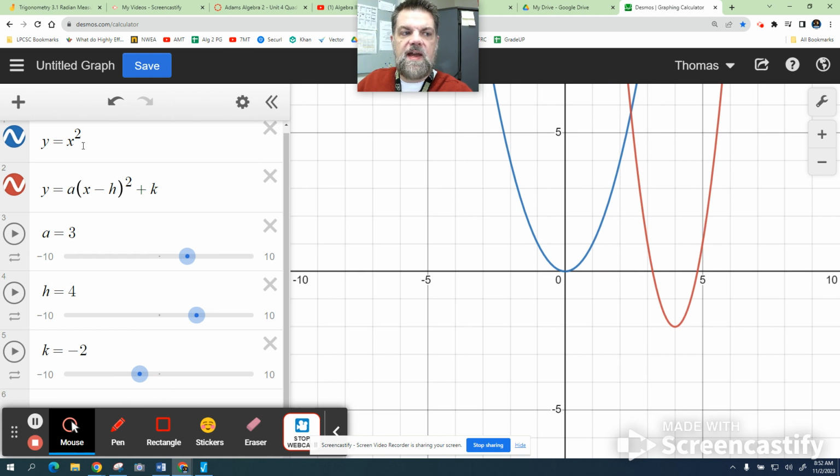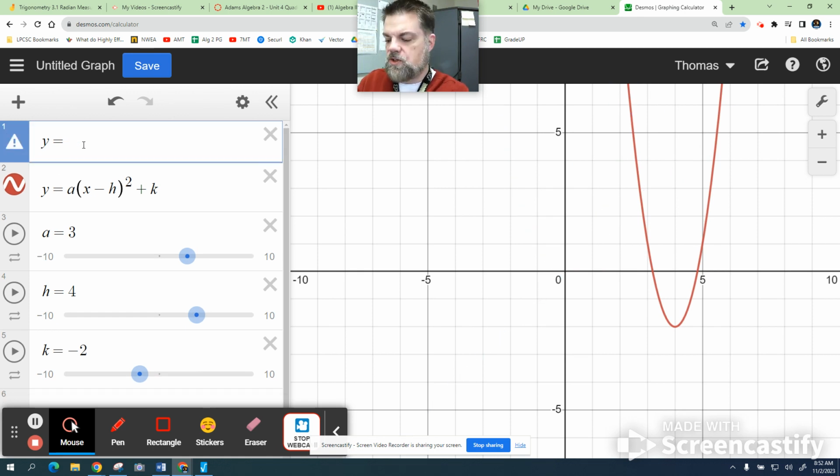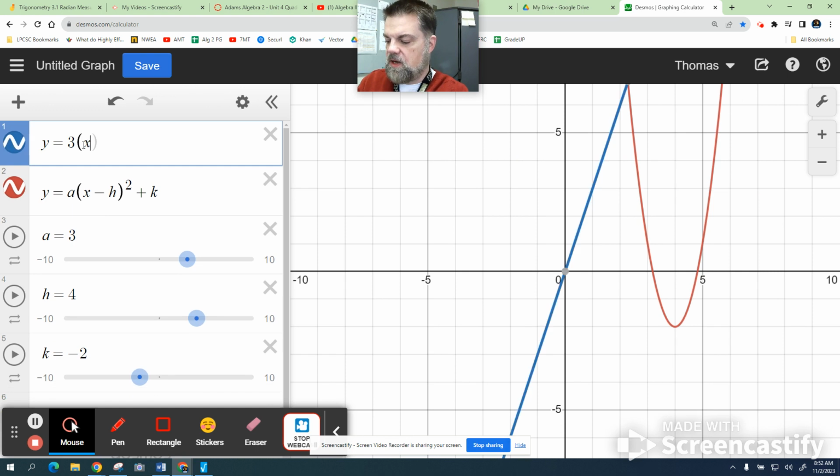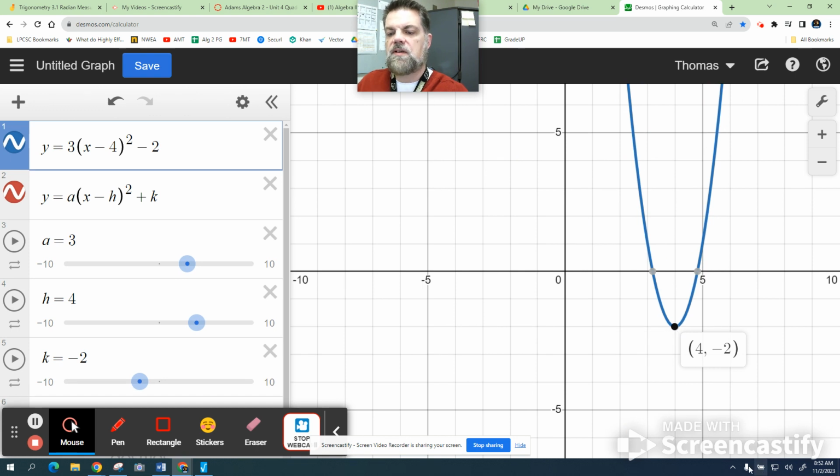Now, if I did all my math right, our original equation was 3 times the quantity x minus 4 squared minus 2. And that's right, right? Notice that the vertex occurs at 4, comma, negative 2. Well, isn't that h, comma, k?